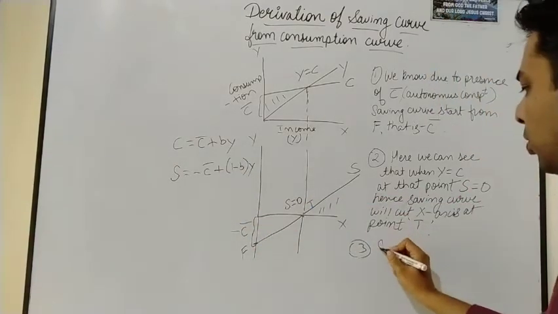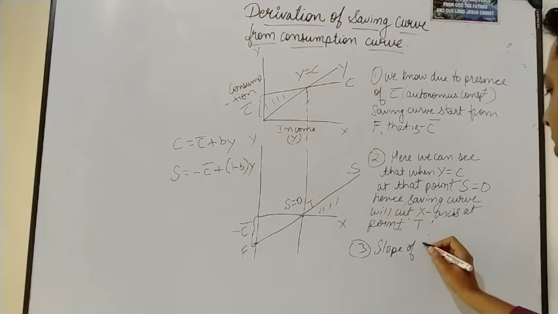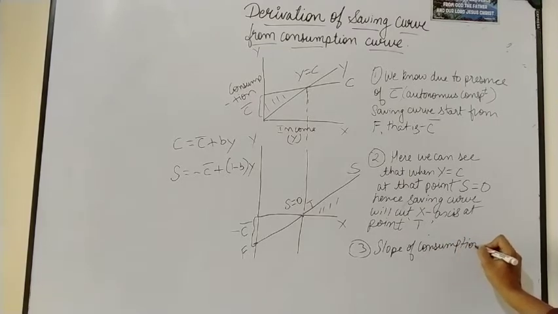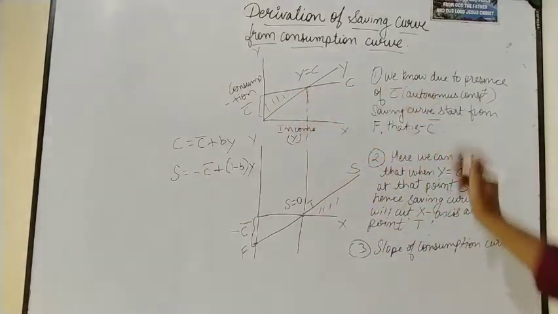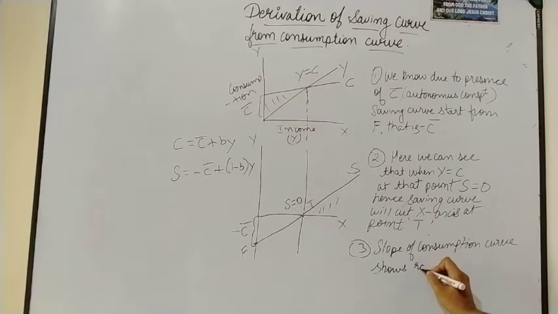The slope of consumption curve shows the rate of b.